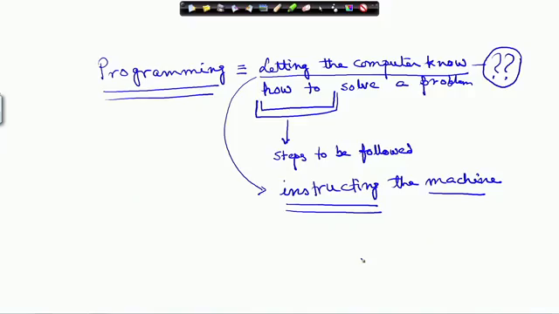Now, the example that we saw was for adding 3 numbers. Now, we will soon see that the thing becomes a little more complex. If I wrote get first number, get second number, get third number, suppose there are 20 numbers, then I will have to write them 20 times, get first number, get second number, get third number, like that up to get 20th number. That is boring, is not it?